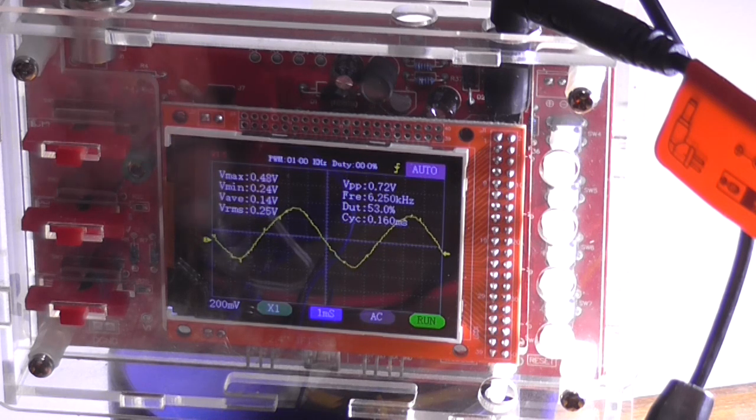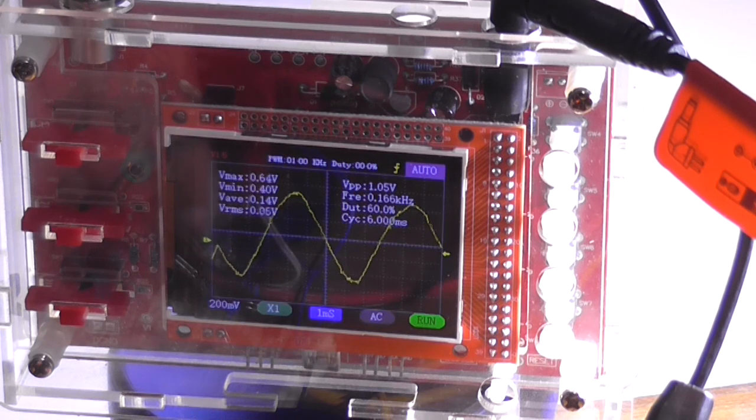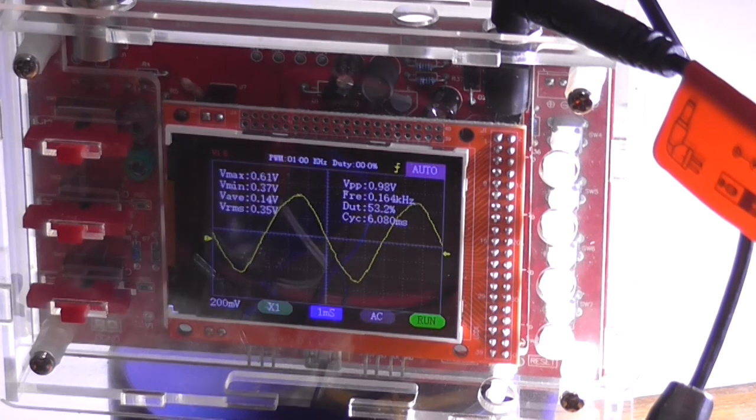I'll just raise this up so we get a good voltage reading. About a volt. Okay. So now I'll just wind this down. Still remaining about a volt.